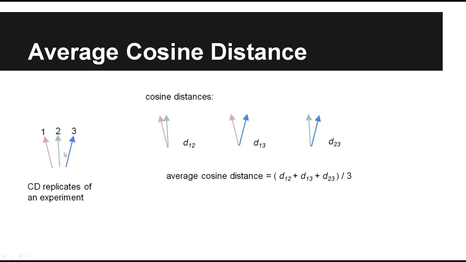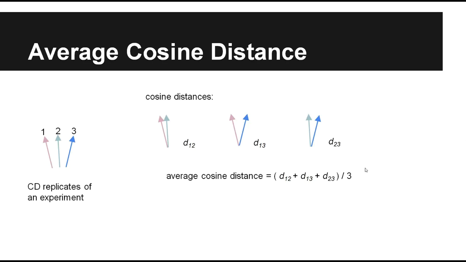The average of these 3 distances is what we call the average cosine distance, which is basically a measurement of the overall alignment of the 3 replicate directions of the same experiment.